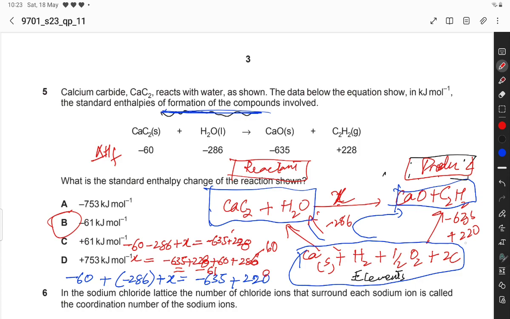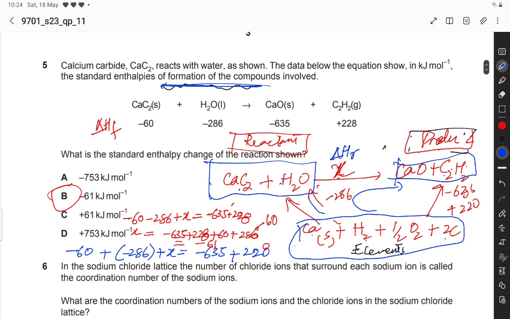So by using this Hess cycle, what is the standard enthalpy change of reaction, delta HR? We have the elements, compounds and compounds. So element calcium to form calcium carbide, hydrogen to form water, and carbon to form C2H2, and there are 2 carbon atoms, so that's why 2C.